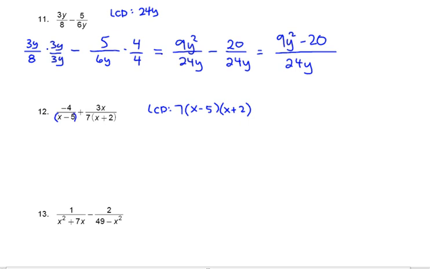So these are attached, they go together, that x minus 5. Okay, so who's missing out of the first guy? The 7 and the x plus 2. So we're going to multiply top and bottom by 7 and x plus 2.